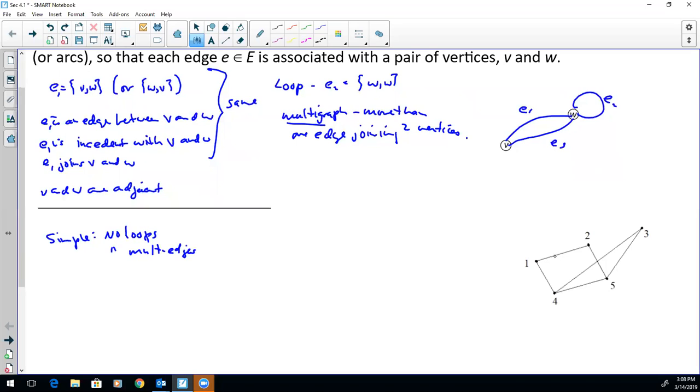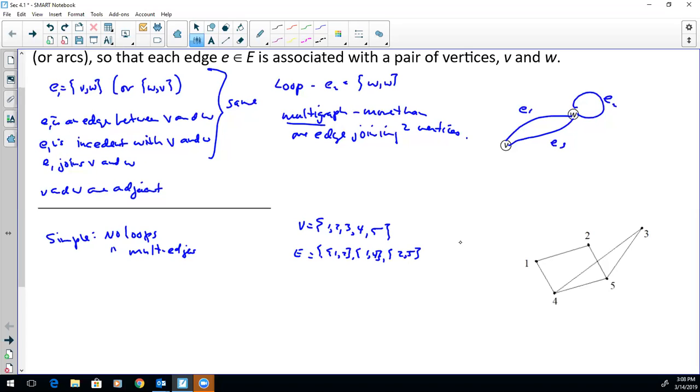Now down here I have a simple graph, okay, and the set of vertices is 1, 2, 3, 4, and 5, and the set of edges is, well, there's an edge between 1 and 2, so I'll write that {1, 2}. There's an edge between 1 and 4, {1, 4}. There's an edge between 2 and 5.